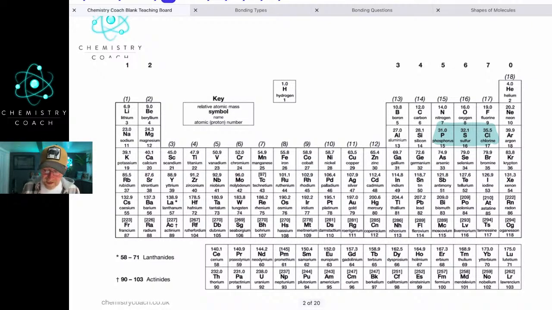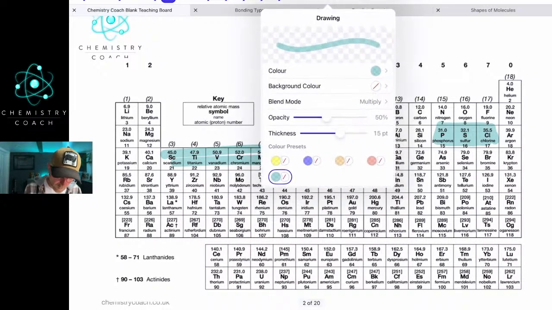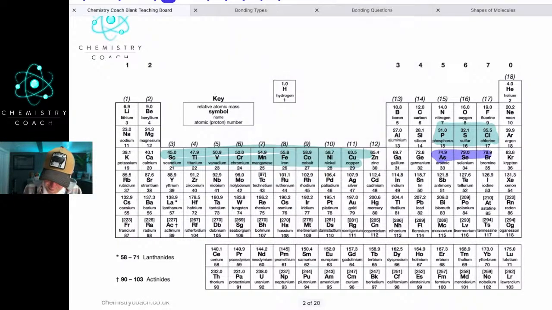So P, S, and Cl can all use 3d orbitals, whereas arsenic, selenium, and bromine have access to these ones. So what these can do is expand their octet and have more than 8 electrons in the outer energy level that they're using for bonding. We're used to seeing 8 all the time, aren't we? But these can expand the octet.